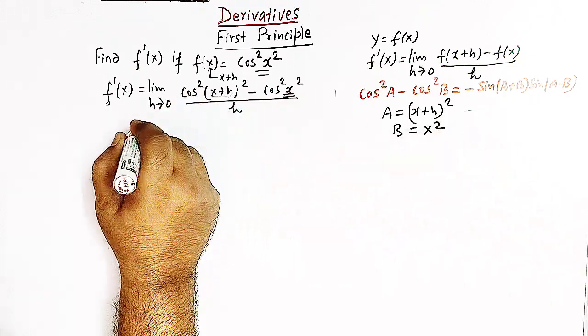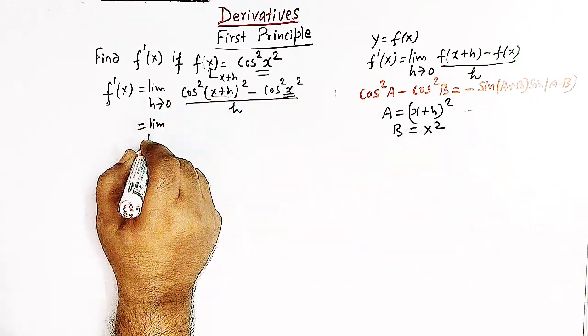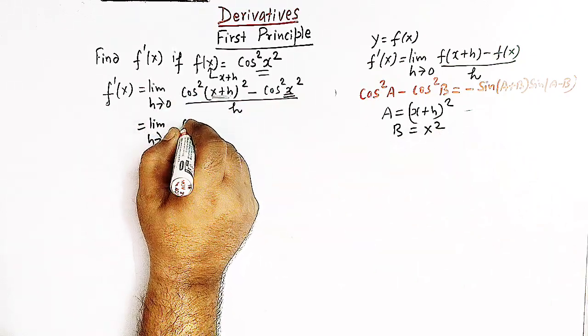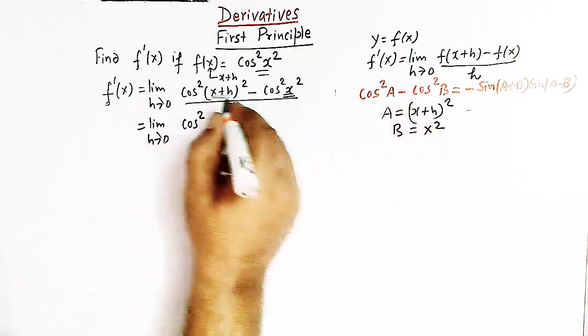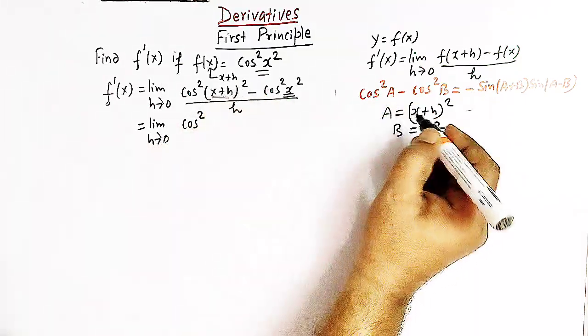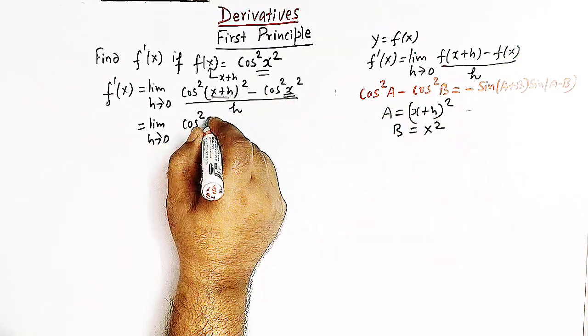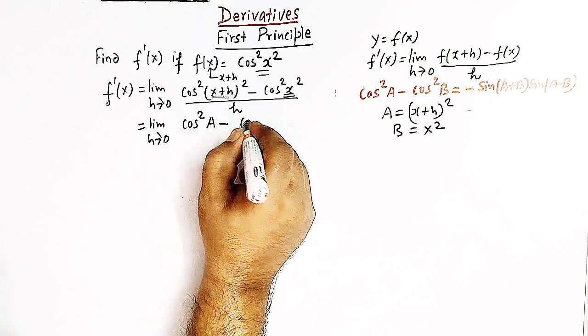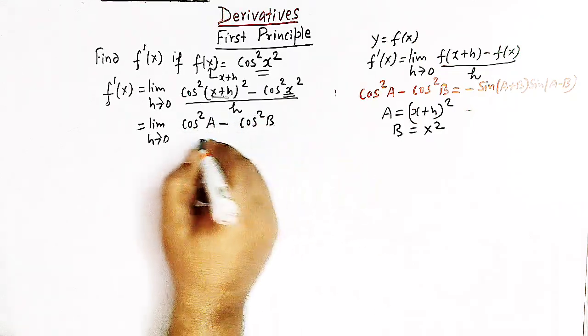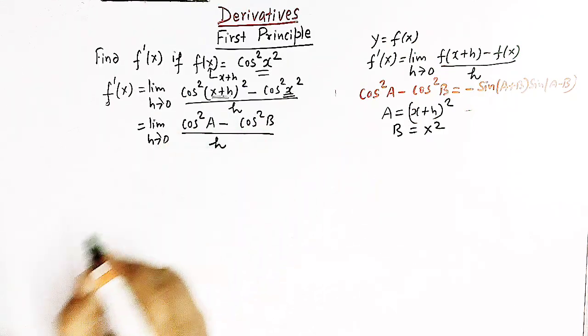So now we have limit h tends to 0, this is cos square a, because x plus h square can be taken as a. So here we have a, and then we have cos square b divided by h, right?